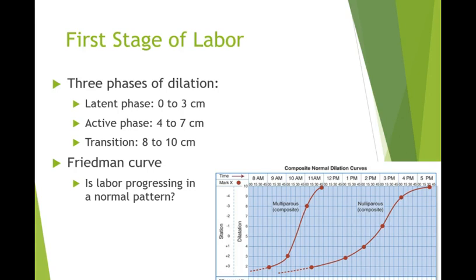A multiparous woman, someone that's had more than one pregnancy, you can see how much quicker they go through the dilations, but the nulliparous, you see how much longer it takes by looking at the curve. It's a very good visual demonstration of the difference between the two.